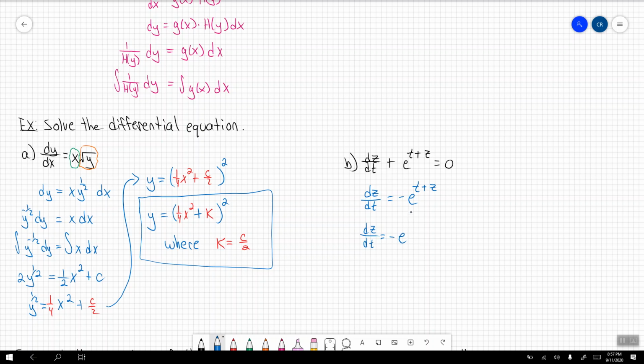Well, we can separate this by recalling that anytime we have a base and in that exponent we have an addition, then we can separate using multiplication of the base. Therefore, we have now separated.